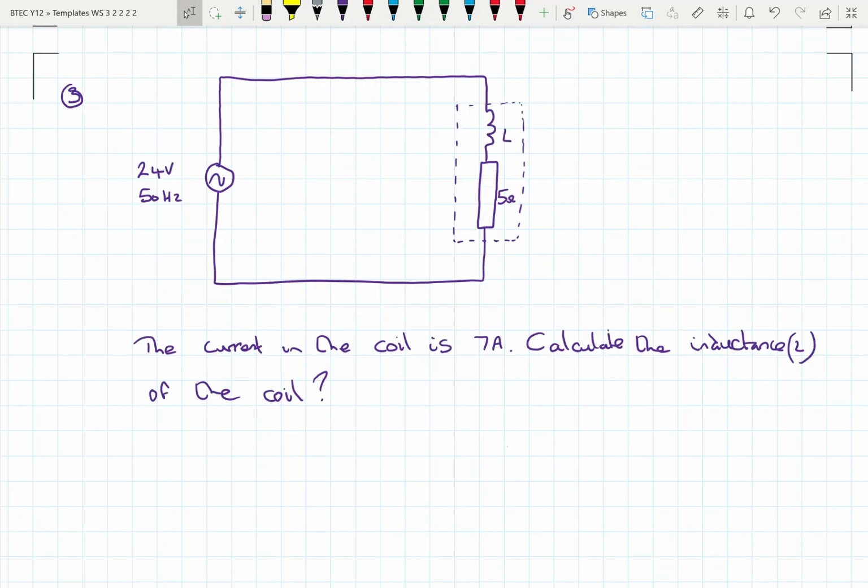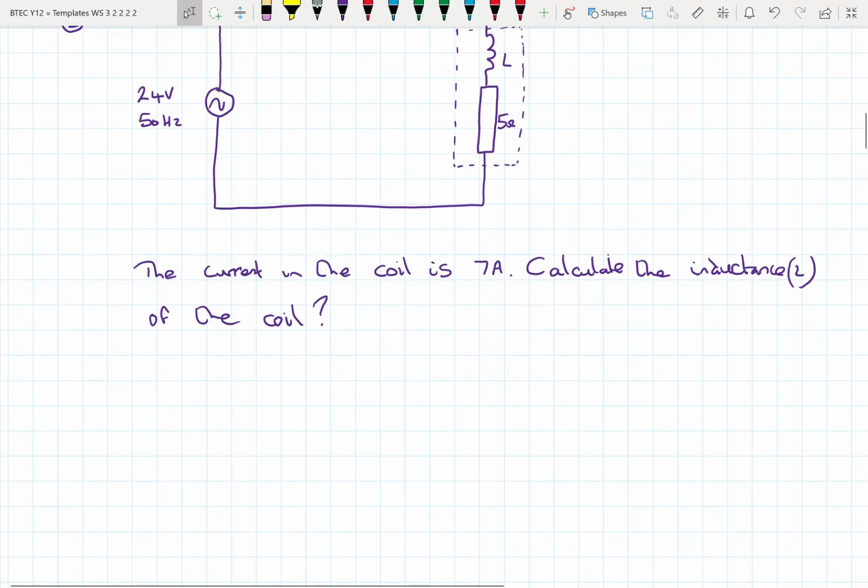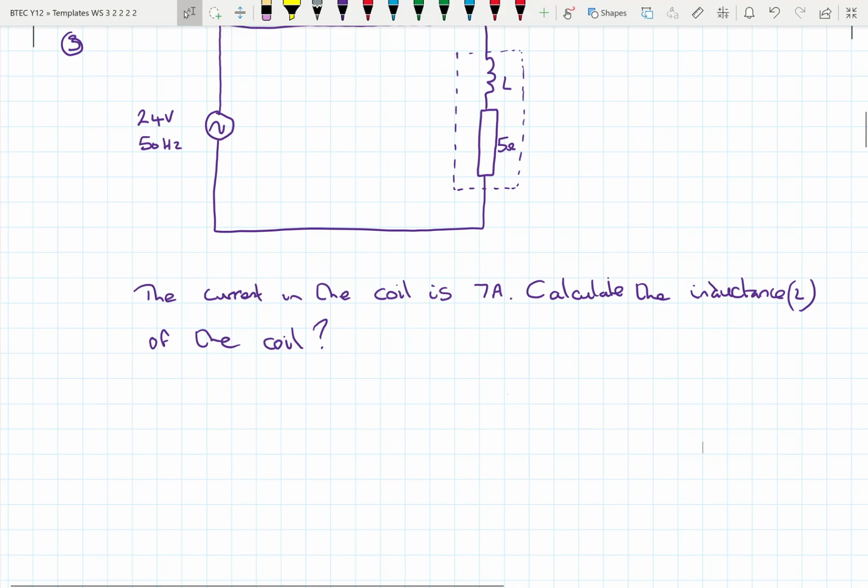Excellent. So let's have a look at an inductance question. So an inductance is just a coil of wire, and we want to know the value of that inductor. What do we know? So we know the current in the circuit, we know the voltage, which means the first thing that we can work out is the overall impedance of the circuit, which is the same as resistance.